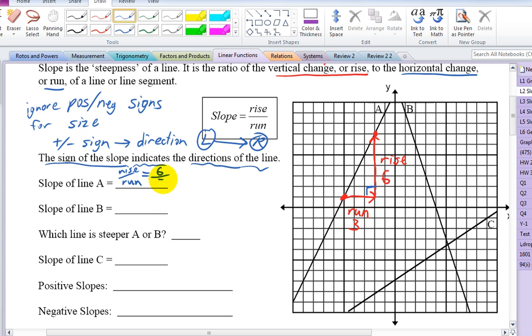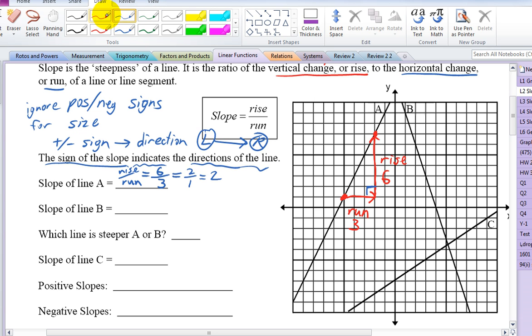Our run was 3. So we could put that in lowest terms. What is that in lowest terms? 2 over 1. And then, as a whole number, because this one works out perfectly, it would be 2. Okay? So we went 6 over 3, 2 over 1, which equals 2.